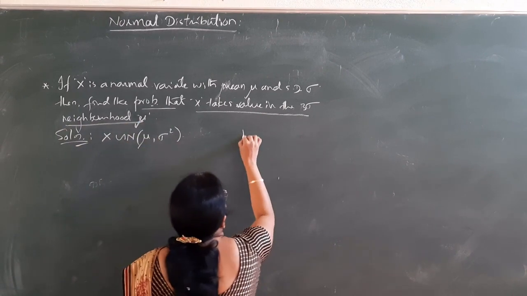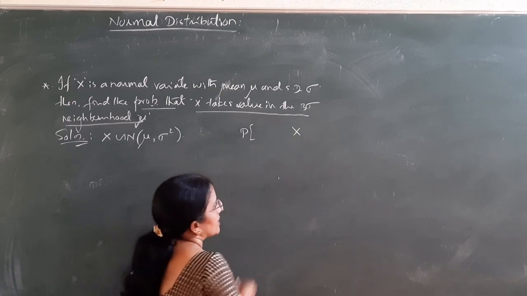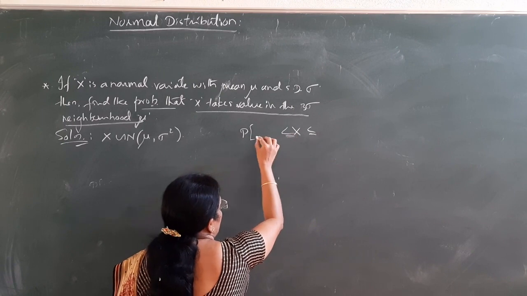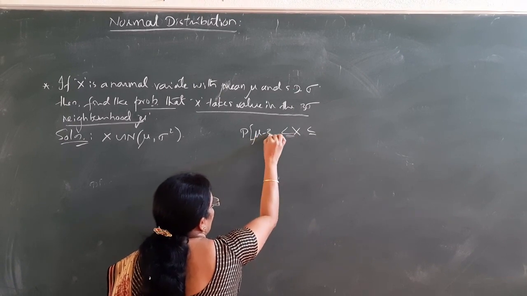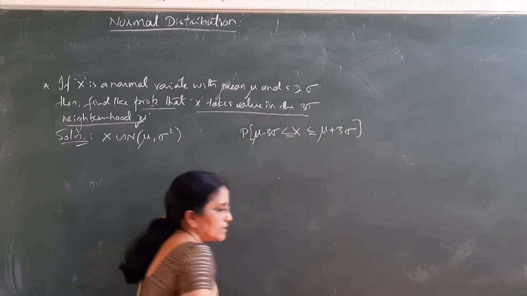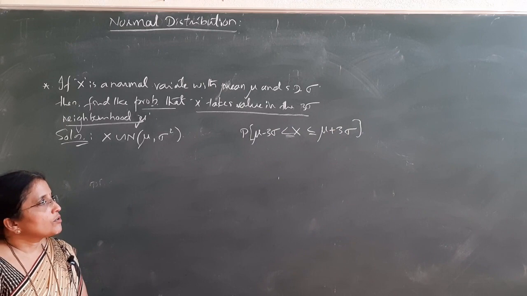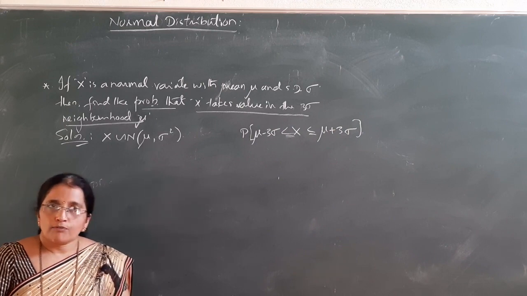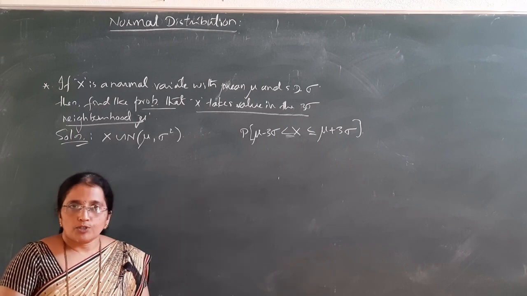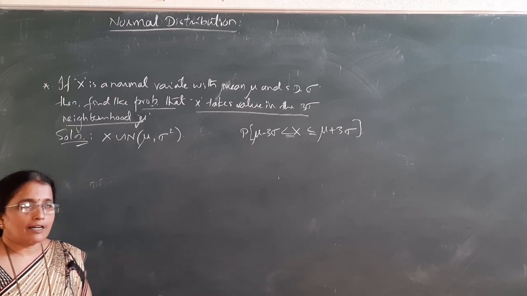That is, we need to find the probability of a normal variate x lying between 3 sigma limits. 3 sigma limits means mu minus 3 sigma and mu plus 3 sigma. We have seen this in the features of a normal distribution. So, the probability of mu minus 3 sigma less than x less than or equal to mu plus 3 sigma must be calculated. How to start?